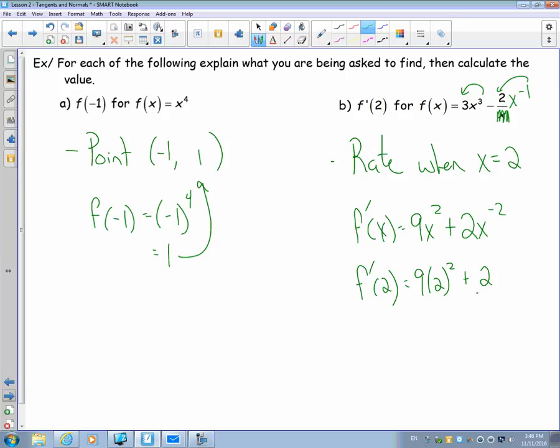We can put the x back on the bottom, so it becomes a positive exponent. So we'll get 36 plus 2 over 4. So 36 plus 0.5 gives us 36.5. Okay, that's our rate at 2. So our function is really increasing. It's a steep increase at 2.